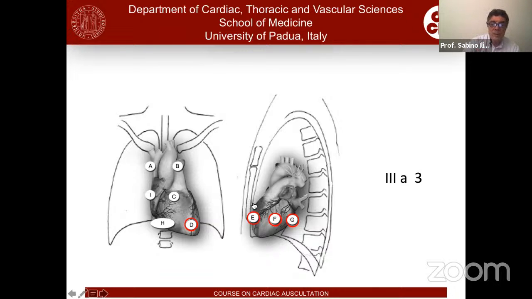Because if you listen to something like this until G, it means that the left atrium is extremely enlarged. But if you put the two things together, the fact that it is extremely enlarged because the murmur reaches the G line, and at the same time you also have the third sound, the two things put together are the expression of a very severe mitral regurgitation with the enlargement of the left atrium that is the effect of a severe mitral regurgitation.